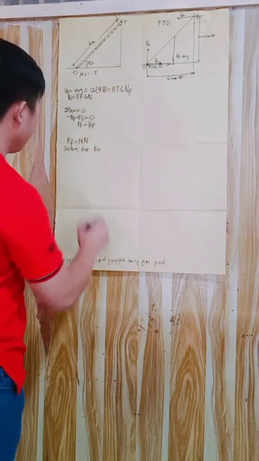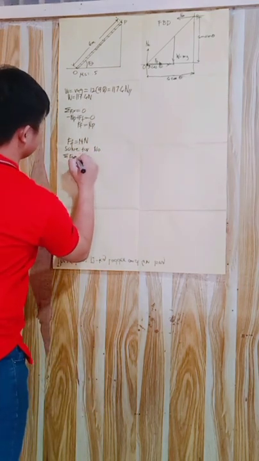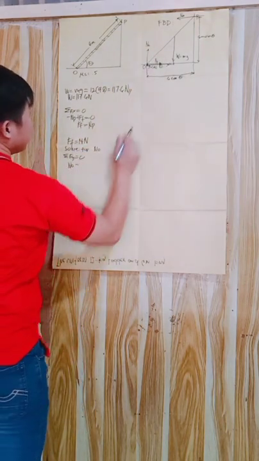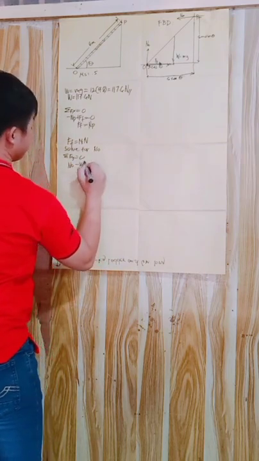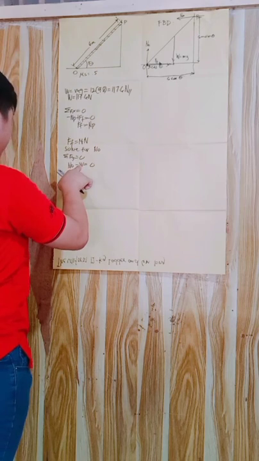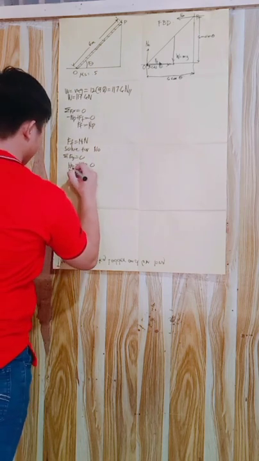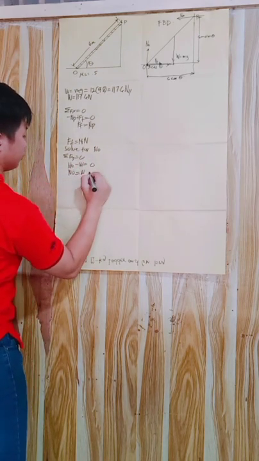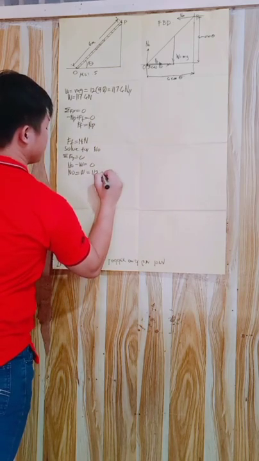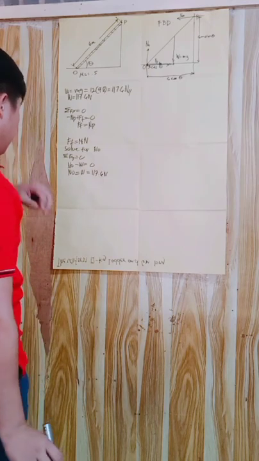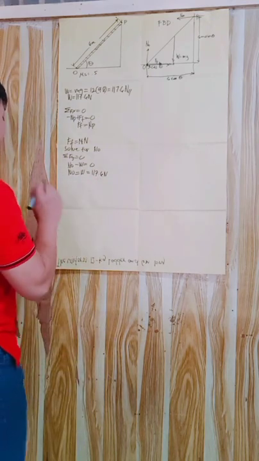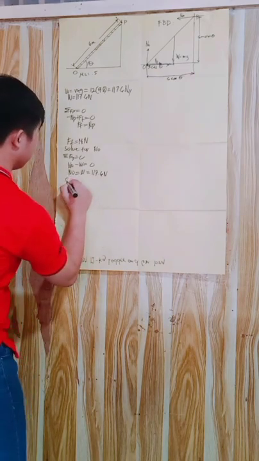Summation of F of y is equal to 0. N sub O going upwards is positive, and the weight going downwards is negative. Then transfer the weight to the other side. We know that W is equal to 117.6 Newtons. After we get N sub O, we can now solve the frictional force.